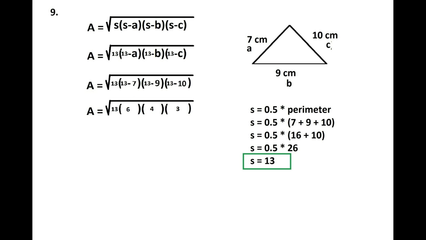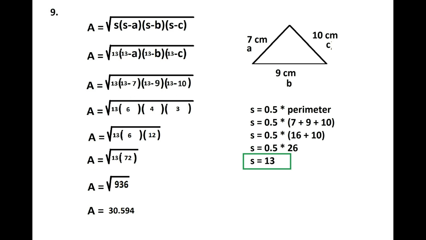That's the square root of 13 times 6 times 4 times 3, then 13 times 6 times 12, then 13 times 72, which is the square root of 936. Our answer is 30.594 centimeters squared, and you can round that to approximately 30.6 centimeters squared.